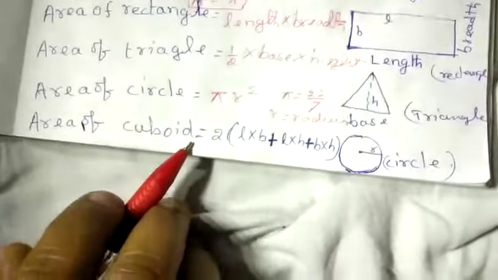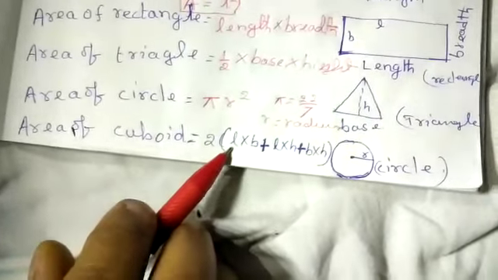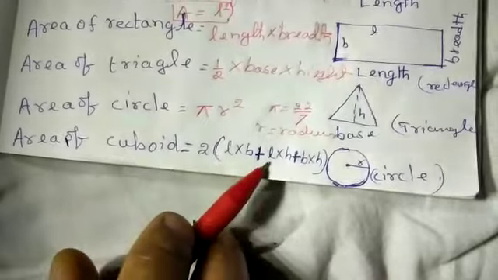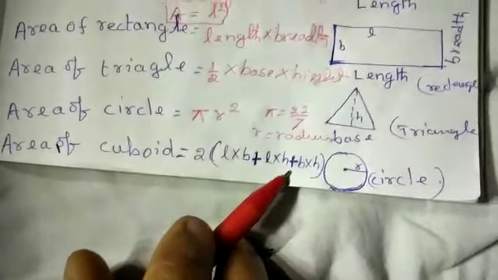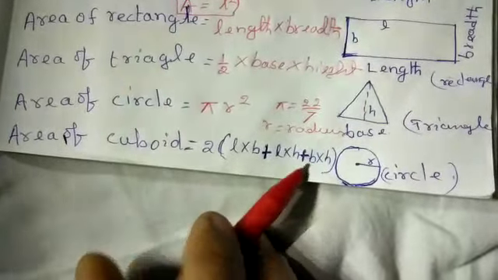So the area of a cuboid equals 2 into length into breadth plus length into height plus breadth into height.